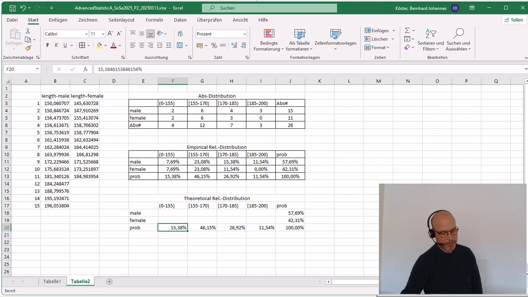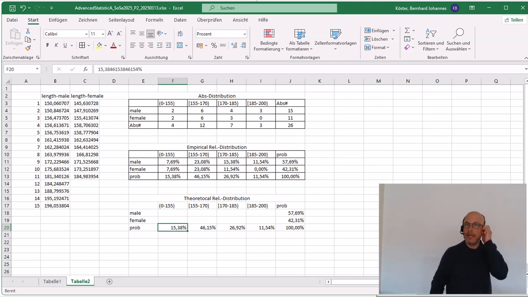So if both attributes would be independent, then the theoretical probability to be male and to be smaller than 155 centimeters would be 15% times 57%.